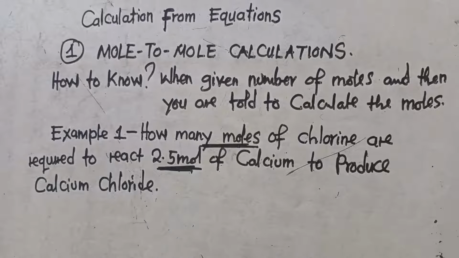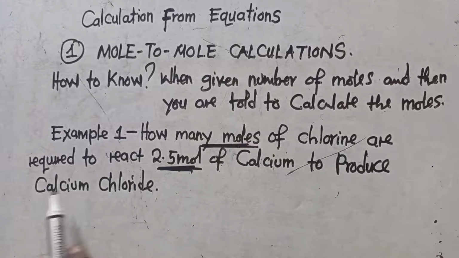We've identified that this question is falling under mole to mole calculations. I've told you that you need to write a balanced chemical equation. That's the first thing you need to do.